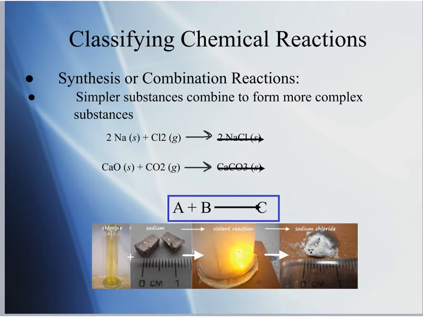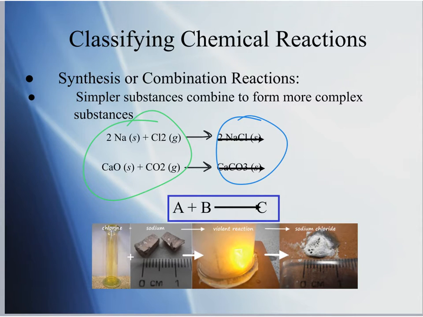So the first one we're going to take a look at is synthesis or combination reactions. In these types of reactions, we have simple substances combining to form more complex substances. So there are going to be two or more reactants on the left-hand side of the arrow coming together to form one big product in the end.